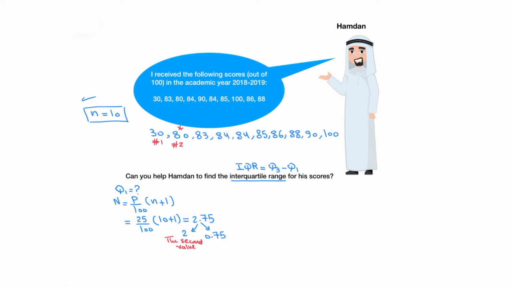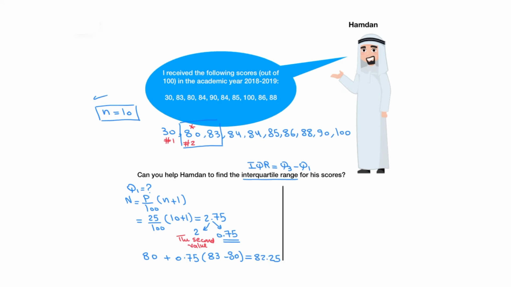Because 2 is the second and it's 80, we write 80, and this number will be added to the multiplication of this decimal part and the difference between the third and the second value. 83 minus 80. The answer is 82.25.